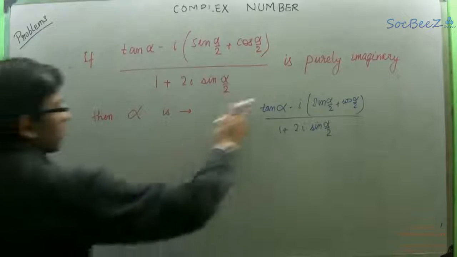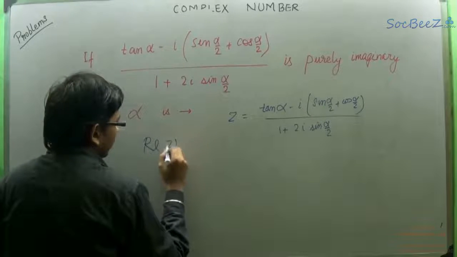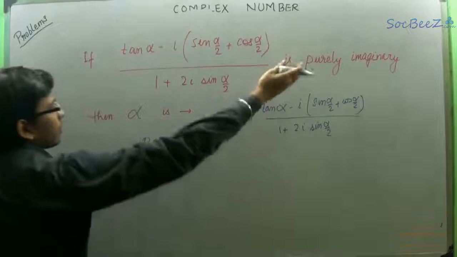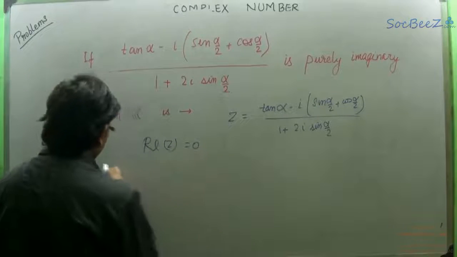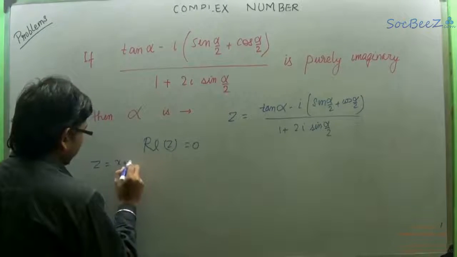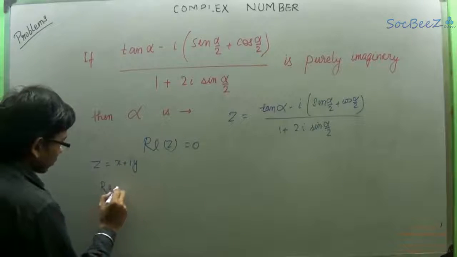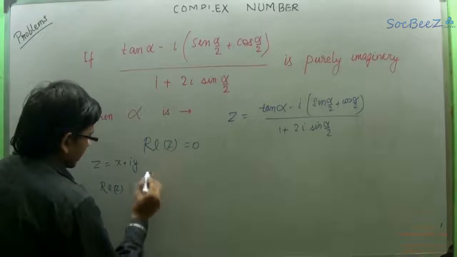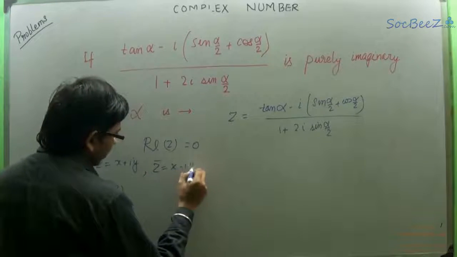So if we denote this complex number by z, then real z is 0 as given. This is purely imaginary, so real z must be 0. So say if z is x plus iy, how can we write real z? Then z conjugate will be x minus iy.